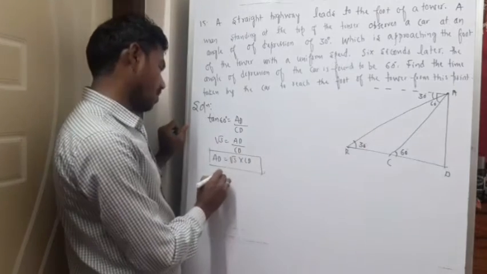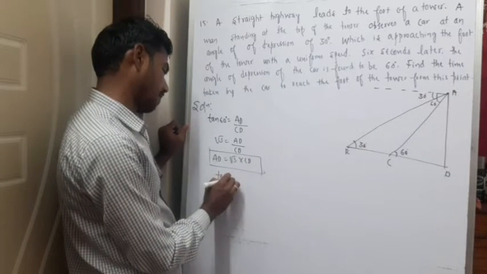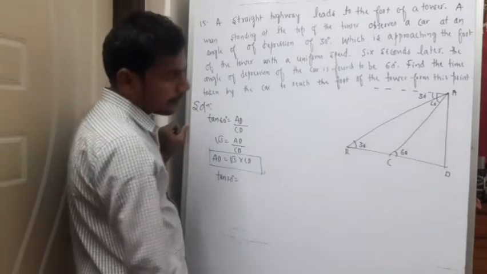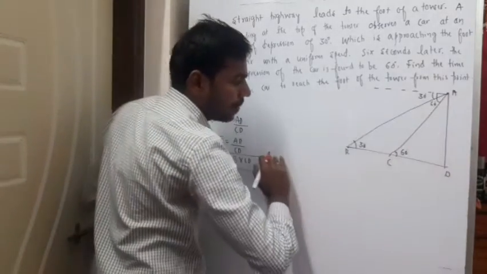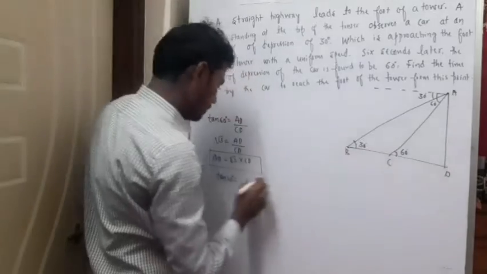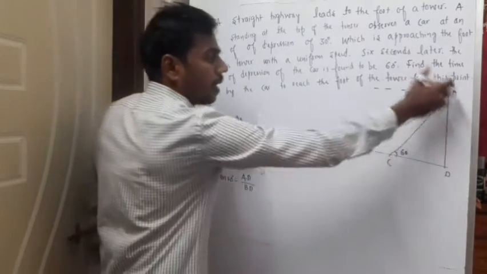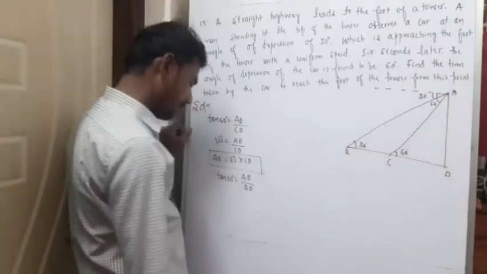Next. Tan 30 is equal to, how much is it? AD divided by BD. AD divided by BD.